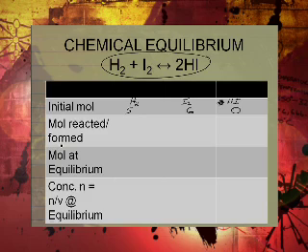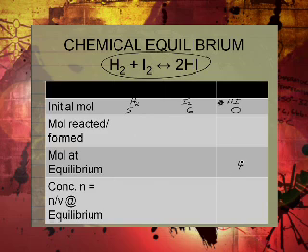Moles reacted. How do I find that? I'm told at equilibrium I've got 4 moles of HI that were formed. I need to know how much of this has reacted and how much of that has reacted.